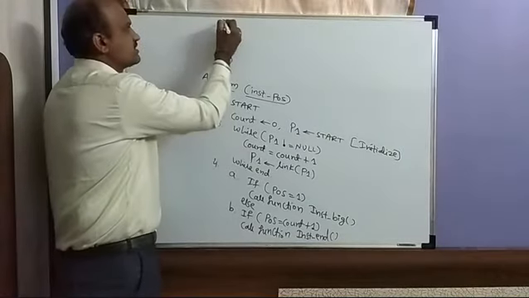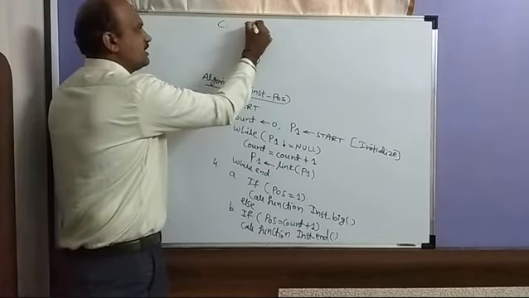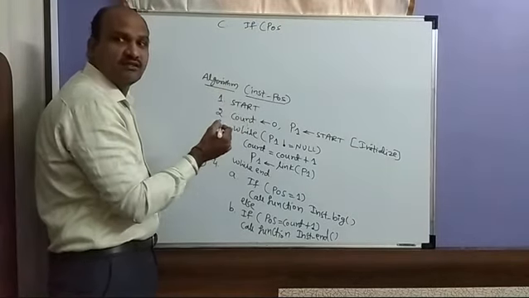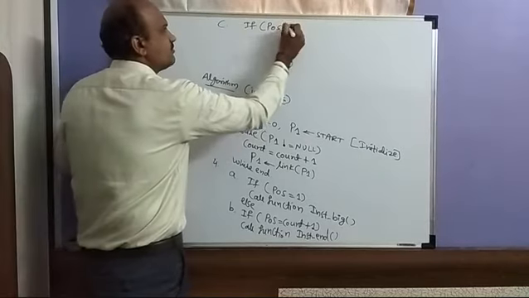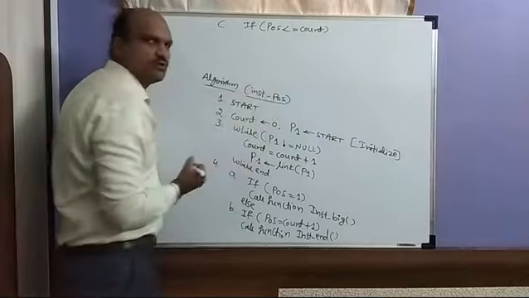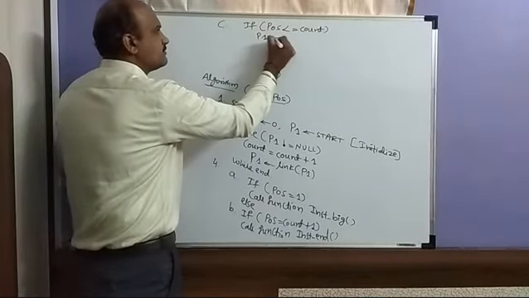Next, now the C, that is a particular position. If position is less than or equal to count, whatever you are counting, it should be less than or equal to count. Then again it will start with a pointer.